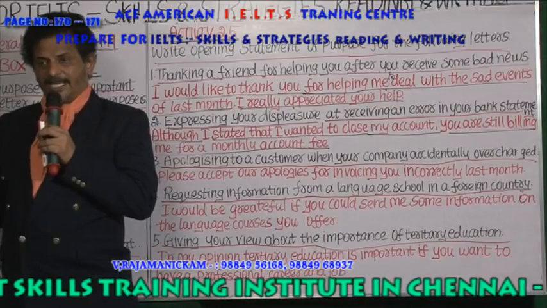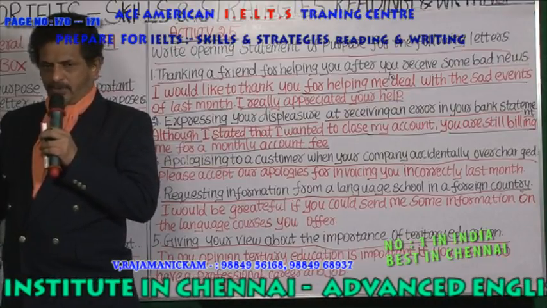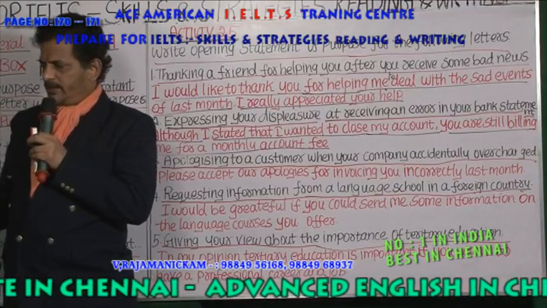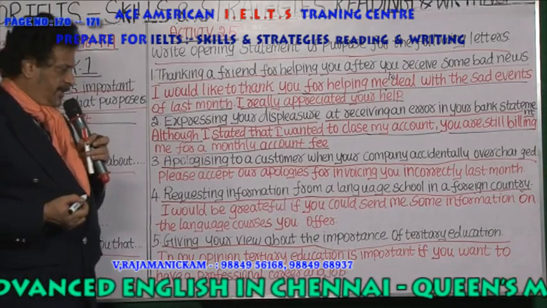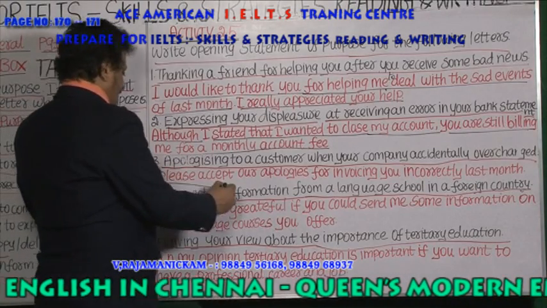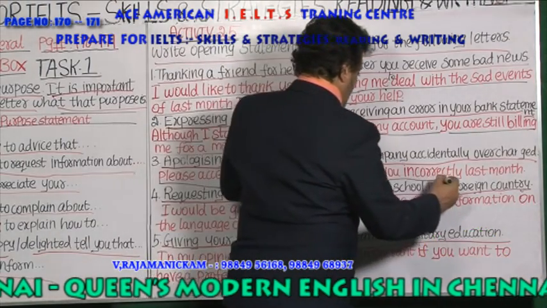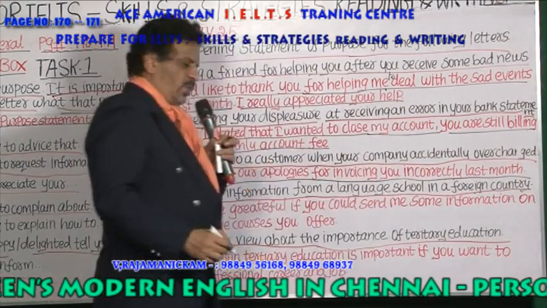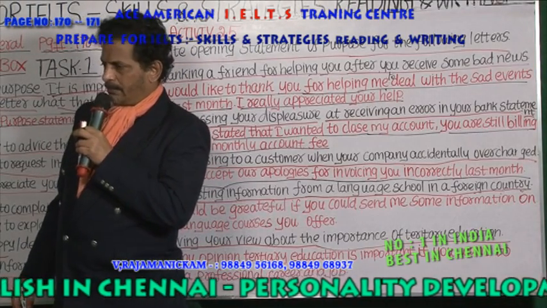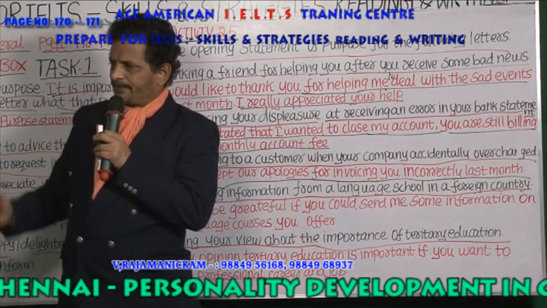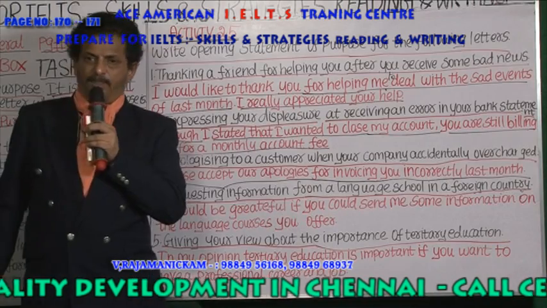So you are writing a letter to the customer to apologize. You are saying sorry for what? For charging 6,000 rupees. How do you start the letter? Please accept our apologies for invoicing you incorrectly last month. What do you mean by invoicing, sir? Anybody? Wrongly putting the bill, right? Invoicing means billing. We have wrongly put up the bill, so we ask your apologies.